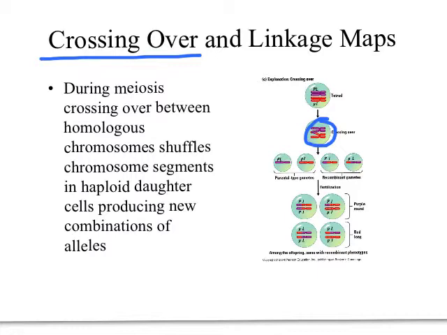That can produce haploid daughter cells with a completely different combination of alleles. It could be mostly mom's genes on that chromosome, but it'll have a little dad counterpart because of crossing over. So that's another complicated thing as well.